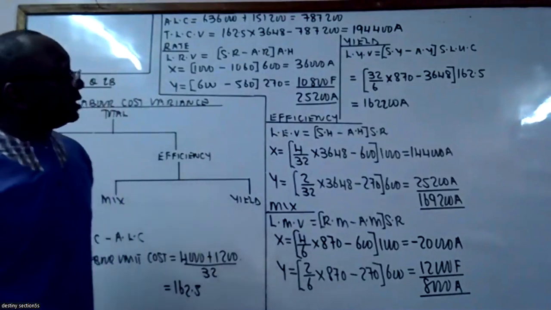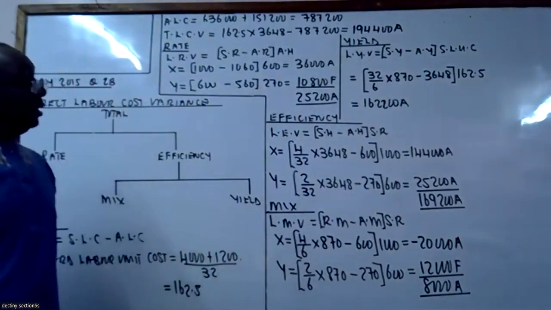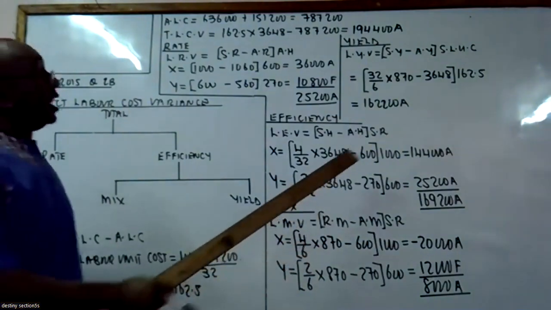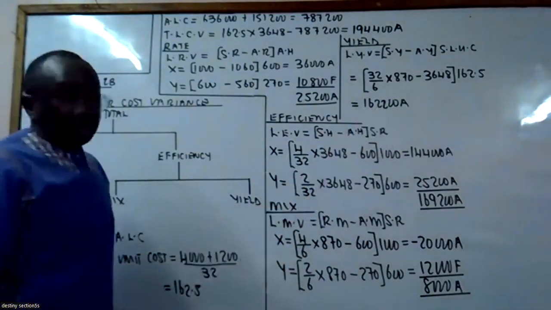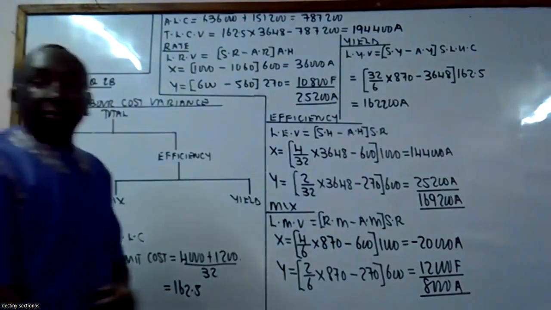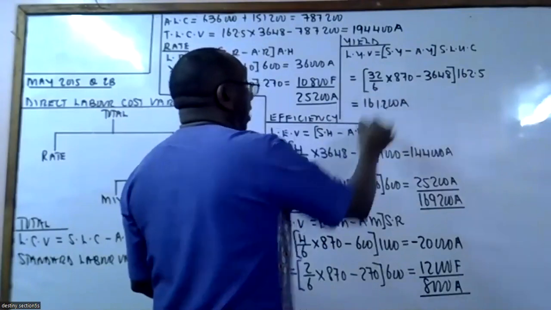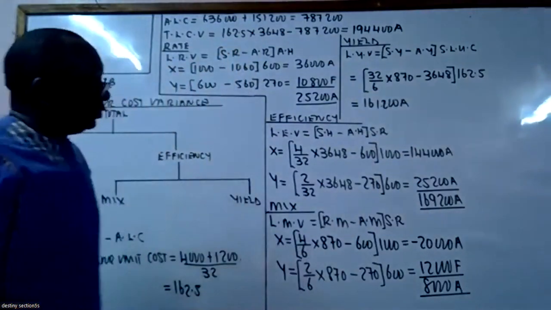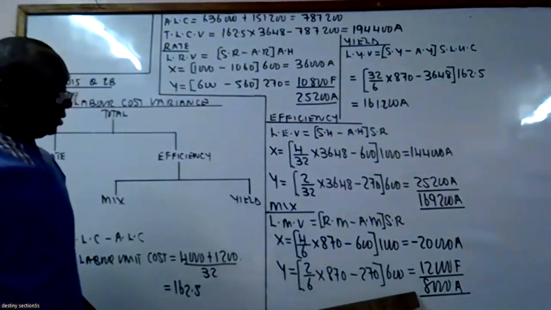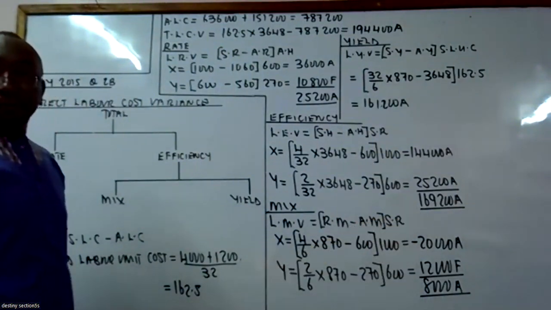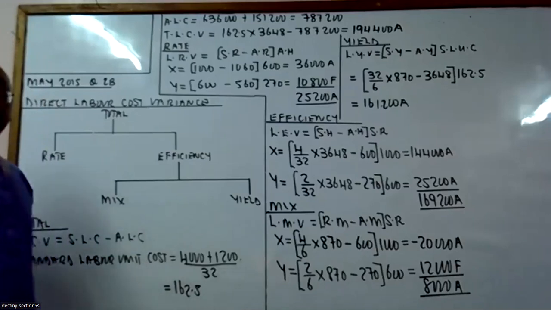See how you have gotten that. So again, you can see what we said there. This 161,200, if you add it to these 8,000, it should bring you back to this 169,200.